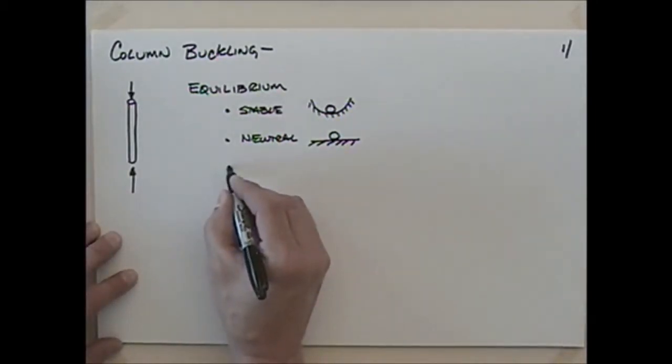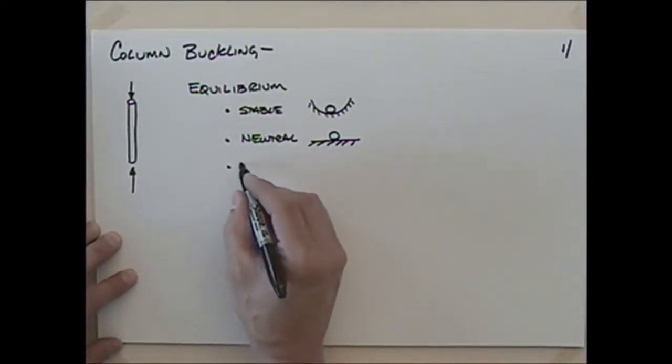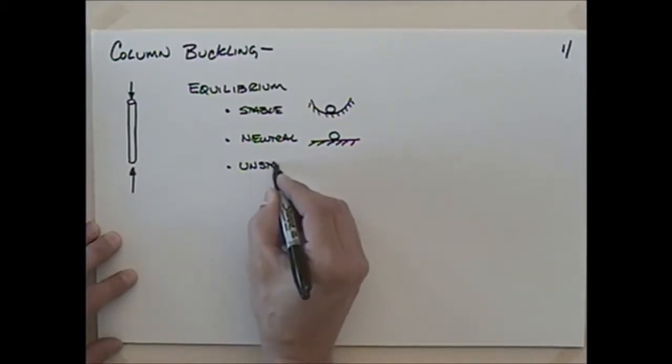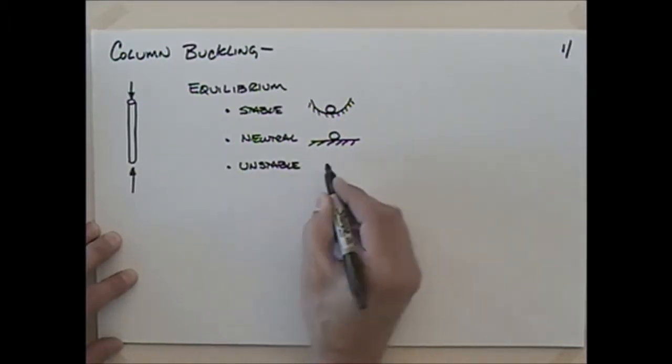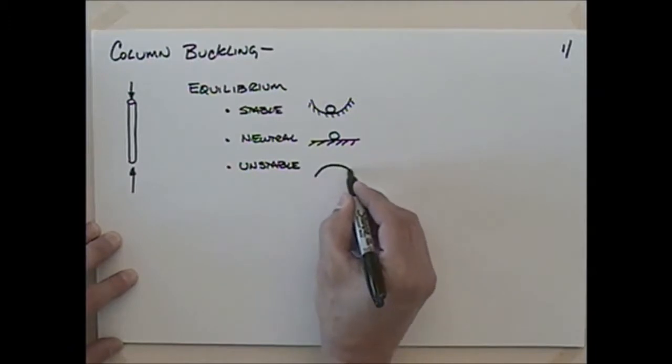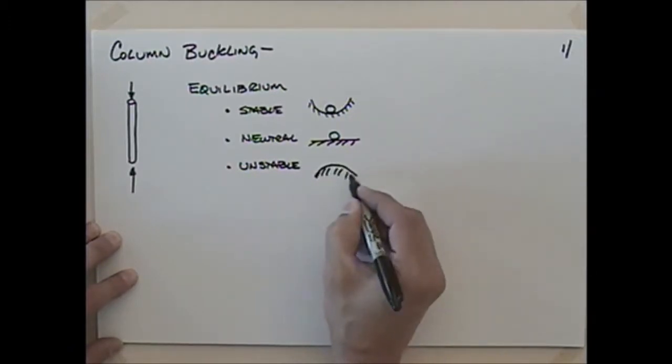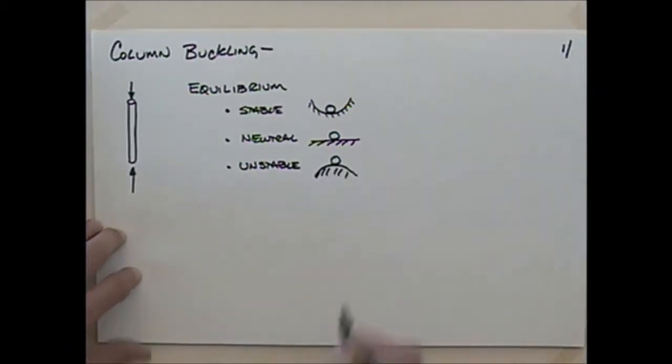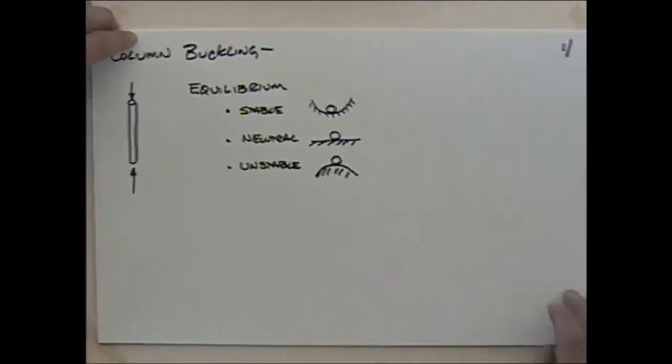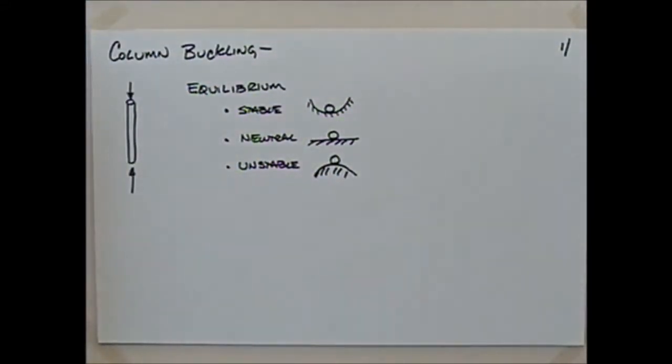And then we could have a situation where it is unstable. Unstable would be the ball sitting at the crest of a hill, where we just got it to balance there, and any displacement is going to move it continually away from that equilibrium.